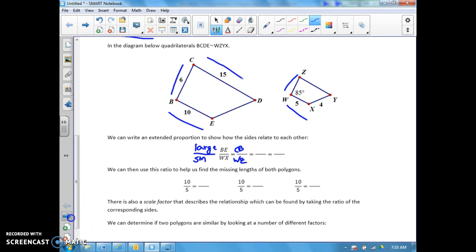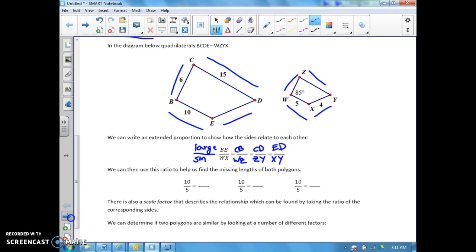I've got CD corresponding to ZY, and ED corresponding to XY. I can now use this ratio to help me solve for things I know.